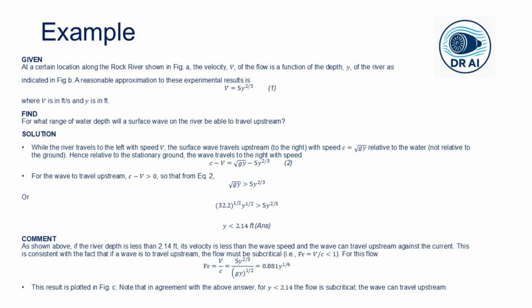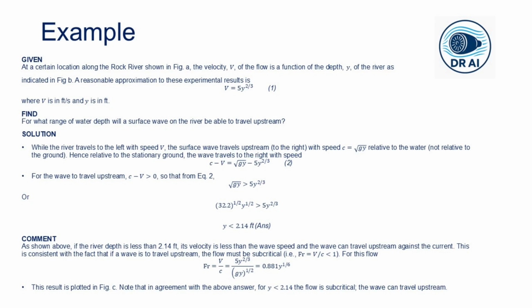Now, what does this mean? If the river depth is less than 2.14 feet, the flow velocity is high enough that the Froude number is greater than 1, so the flow will be supercritical. A wave cannot travel upstream.